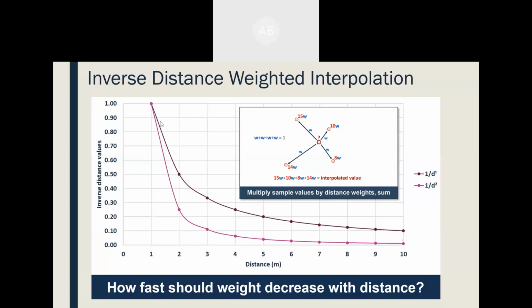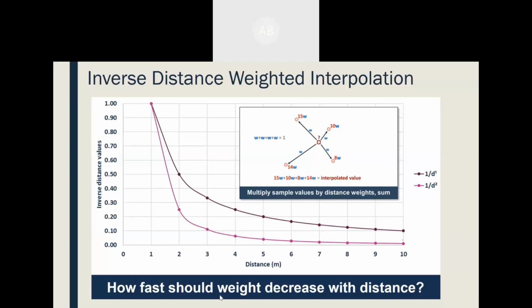So you can either take this graph, which is denoted by 1 upon d, or you can square the value of d, and then you can plot the values. So that means the higher the distance of a particular point from the unknown, its influence to affect this unknown will reduce, and this reduction is as you show it in these two graphs.